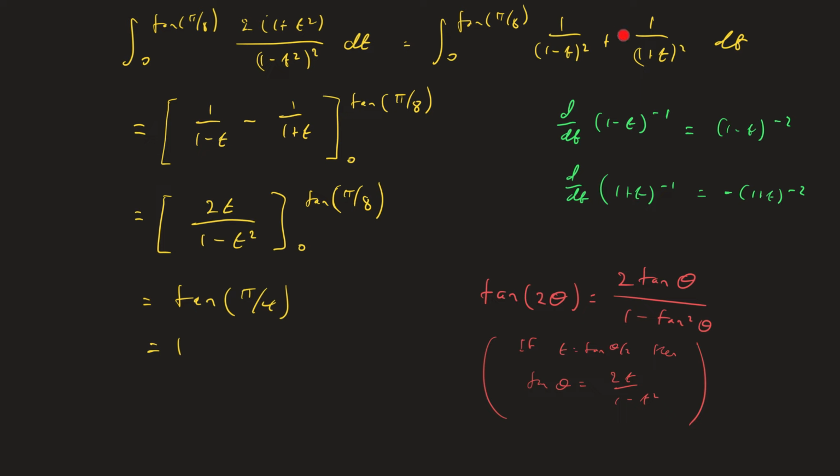And so to perform this integration, we need to integrate this term and this term here. We know that if we want to integrate 1 on t squared, then we essentially get 1 on t up to sign. In other words, if I differentiate 1 minus t to the power of negative 1, then I'm going to get negative 1 times 1 minus t to the power of negative 2.